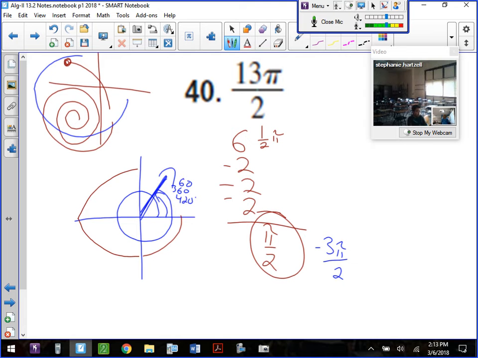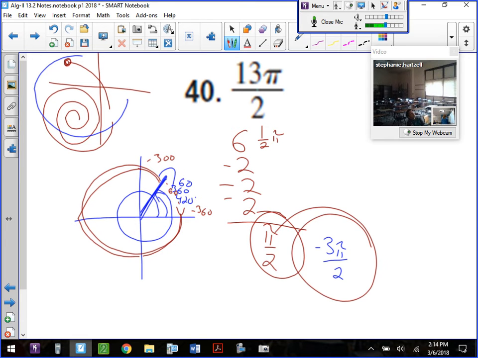That's 270. This is 60 degrees off of negative 360, so this is 60 degrees off. That means how far did I have to go negatively to get to here? The only thing that's changing here is that I'm adding and subtracting pi.